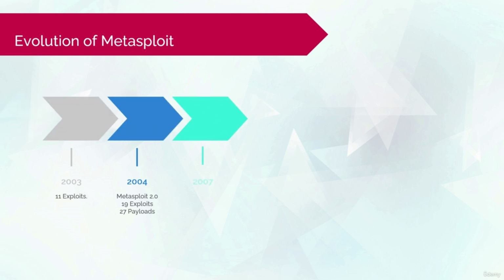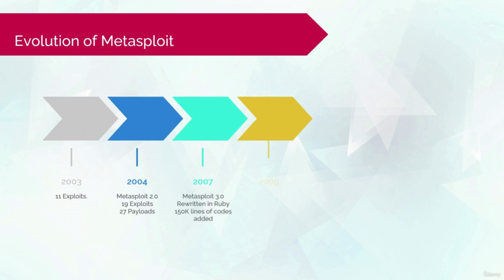Then following a complete rewrite in the Ruby programming language, the Metasploit team released Metasploit 3.0 in 2007. 150,000 lines of code were added to the project in an 18-month period after migrating to Ruby. With the 3.0 release, Metasploit saw widespread adoption in the security community and also a big increase in user contributions.